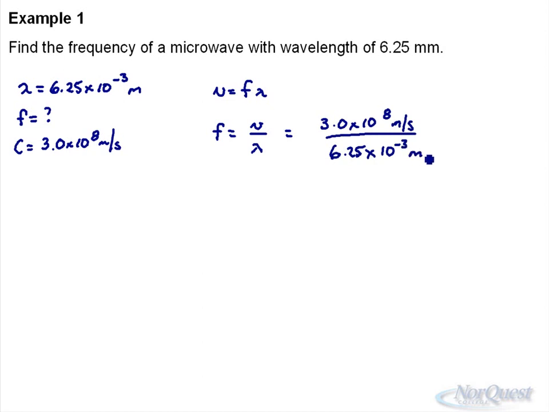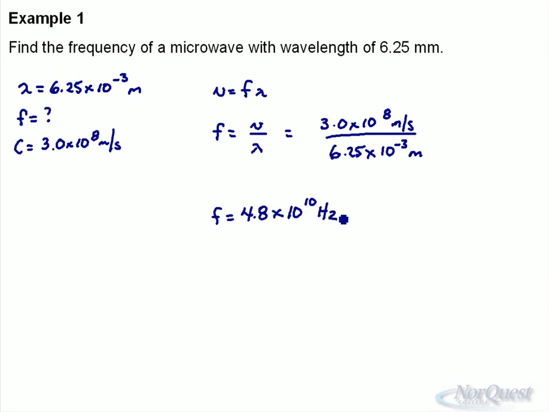If we punch that in on our calculator, 3 to the exponent 8 divided by 6.25 to the exponent negative 3 should give you a frequency equal to 4.8 times 10 to the 10 hertz.